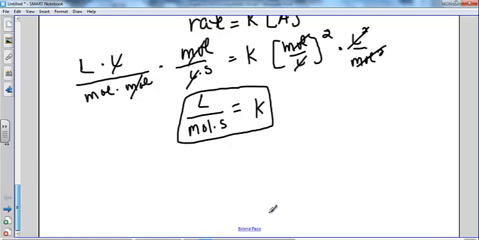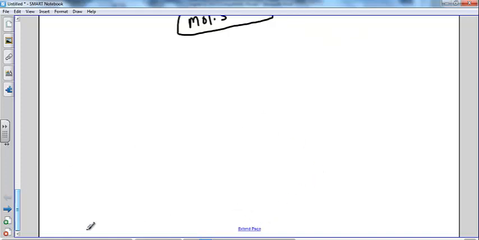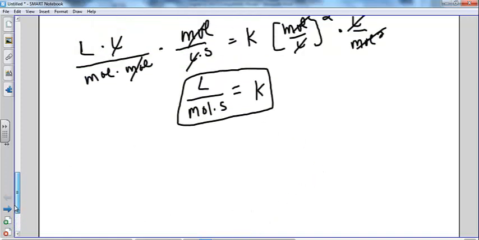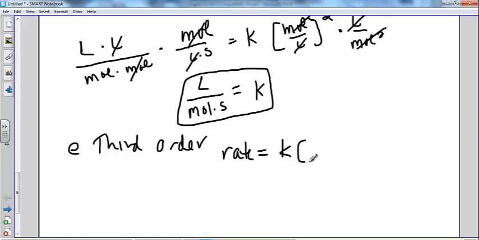And then if we do a third order one as well, and one of the ones in the book we did a fourth order, I believe, to take it just a little bit further. For letter E, if we have a third order reaction, we start with the same basic rate law, which is rate is equal to k, only this time we're going to have a to the third power, or to the third order.